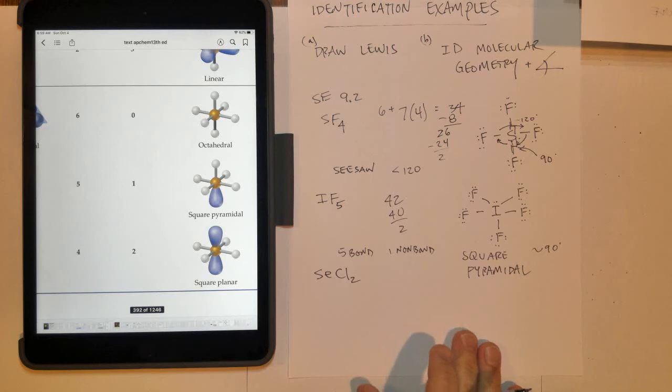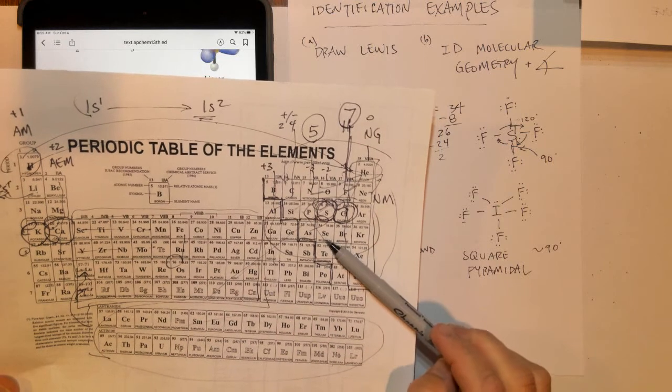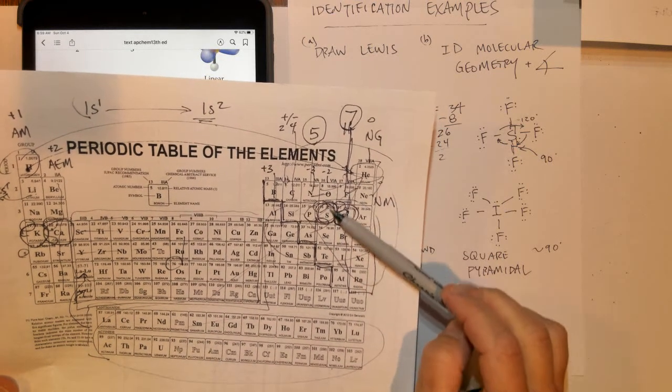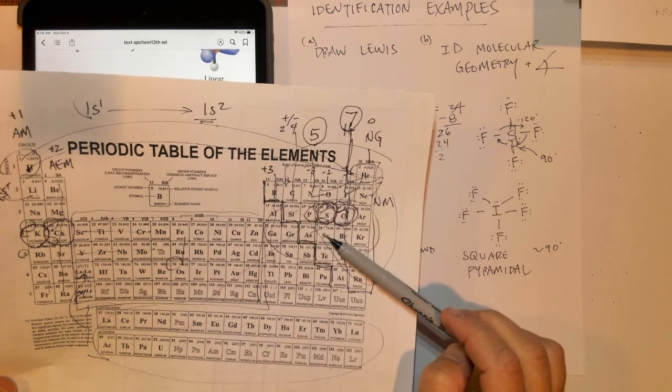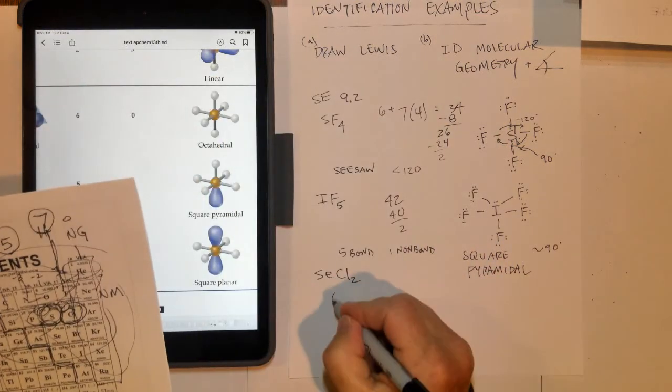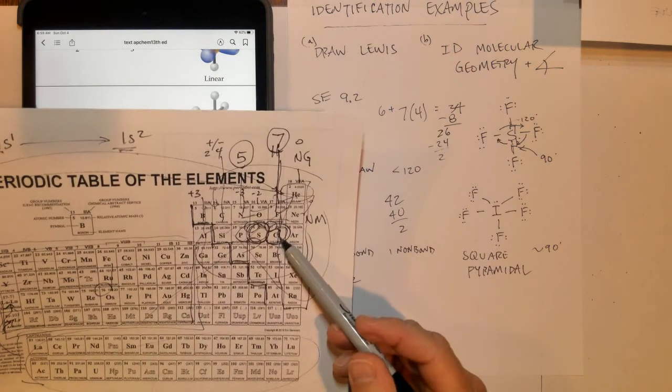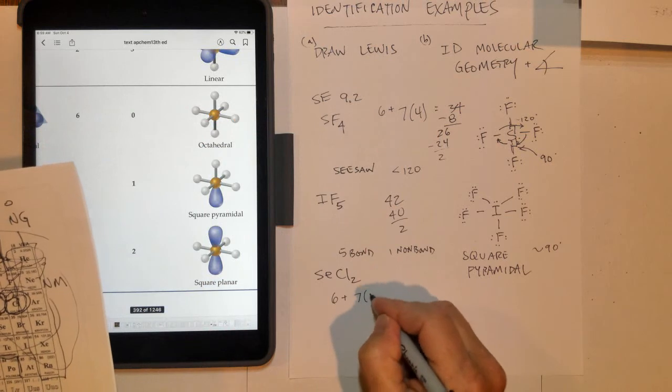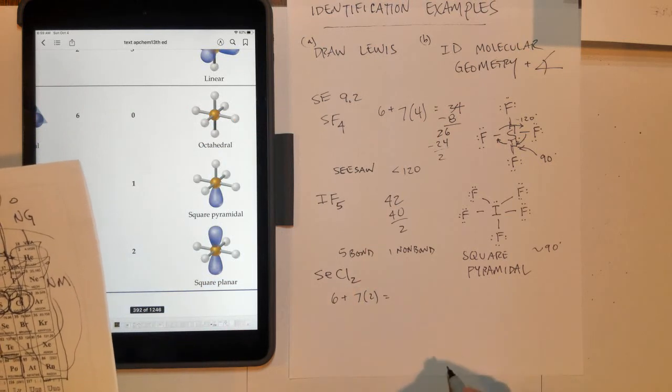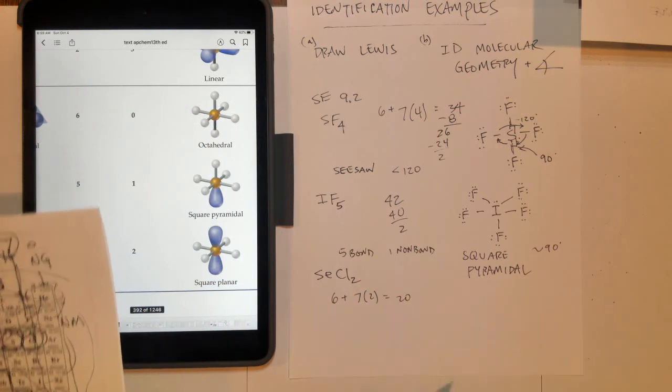Alright, that's 2 examples. Let's do a third one, SeCl2. Se is located right here. It's in the same family as oxygen, so that means it has 6 valence electrons. Plus chlorine. Chlorine, of course, is with fluorine, so that has 7 times 2. That's 14 plus 6, which is 20 valence electrons.